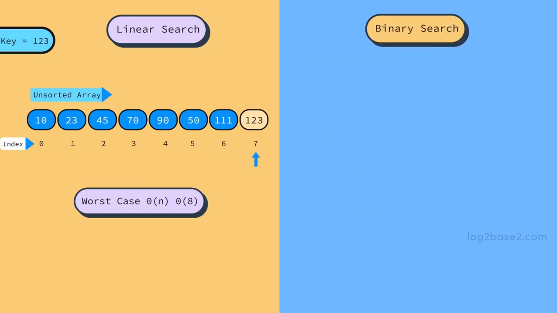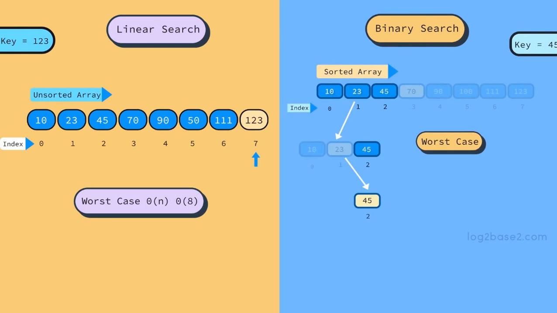And in binary search, the worst case time complexity is order of log n, that is order of log 8, which can be written as 2 raised to 3. And it can be written as 3 into log 2 base 2 and value of log 2 base 2 equal to 1. So 3 into 1 equal to 3. And for array of 8 elements, linear search takes 8 iterations but binary search takes only 3 iterations. So that is how binary search is very efficient than linear search.